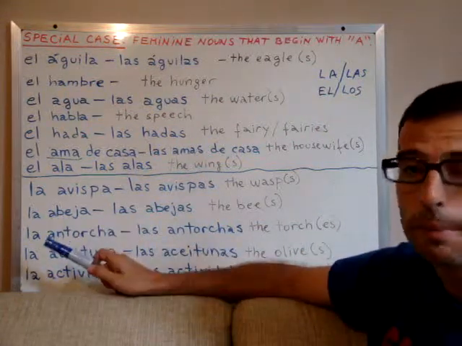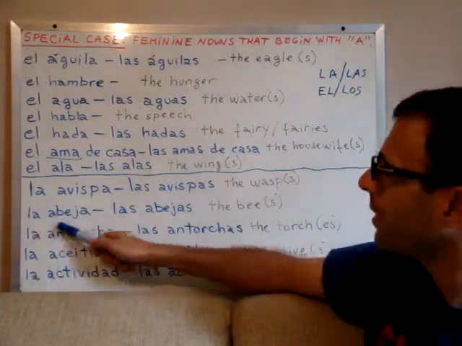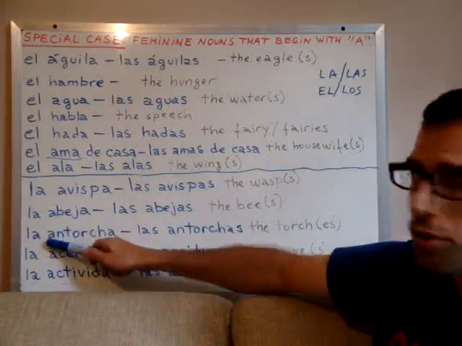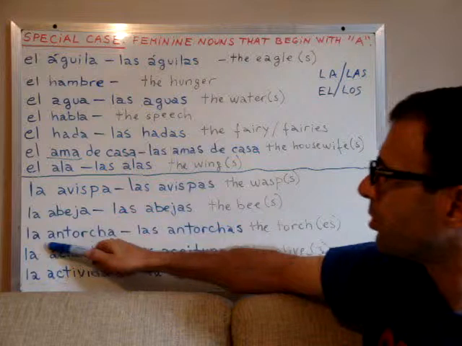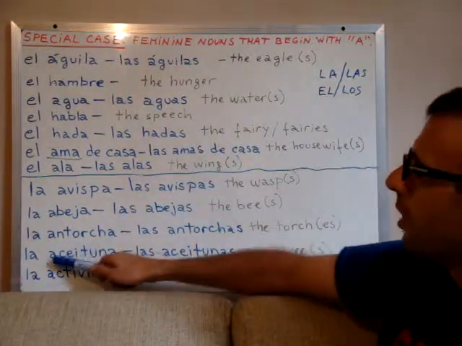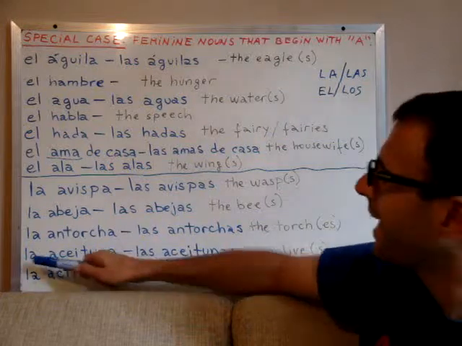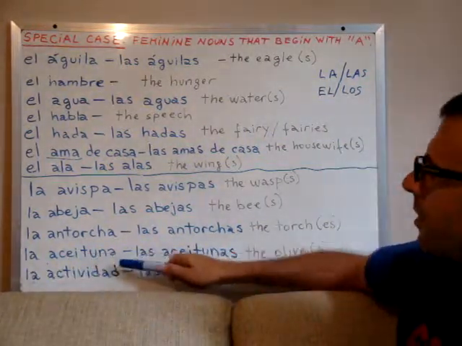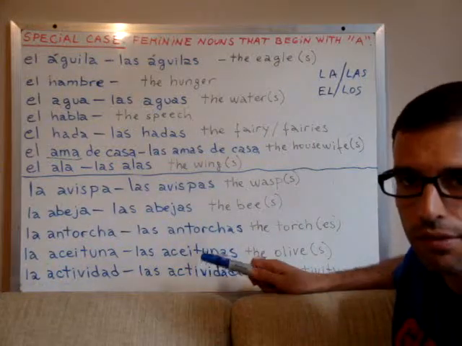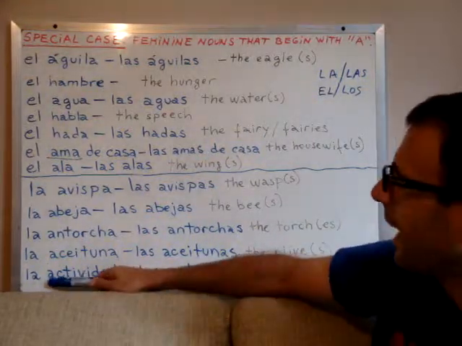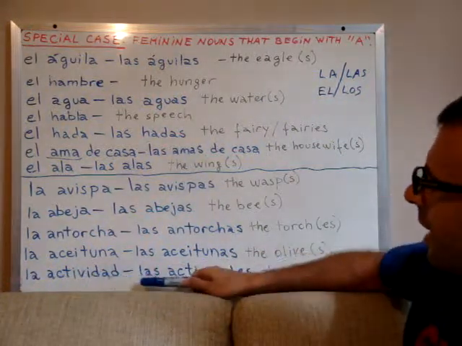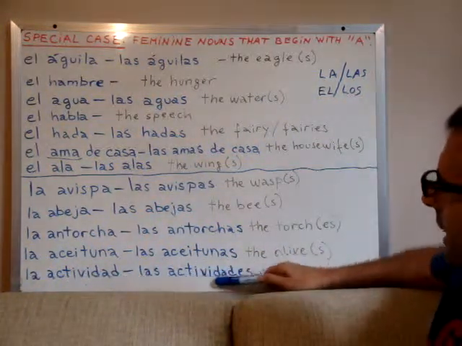Abeja is a bee: la abeja, las abejas. A torch, the torches. An olive, aceituna: la aceituna, las aceitunas, for the olive, the olives. Activity, la actividad, las actividades.